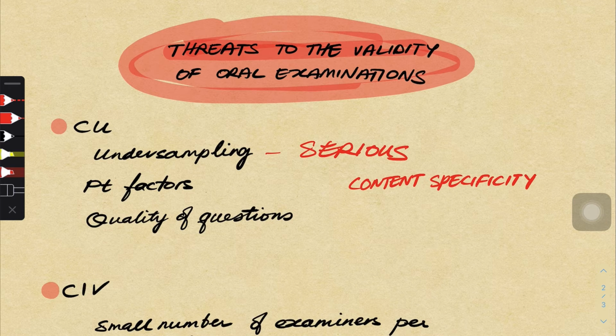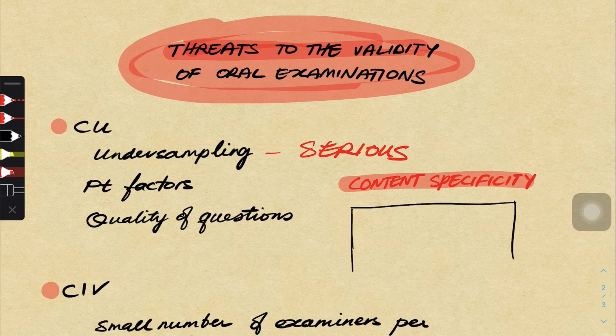What is content specificity? It is something that will come up again and again. I think we've discussed this previously, however, I will repeat. Content specificity means whatever you sample from candidates. For example, this is the universe of the candidate's knowledge.